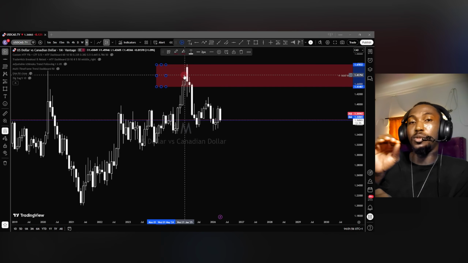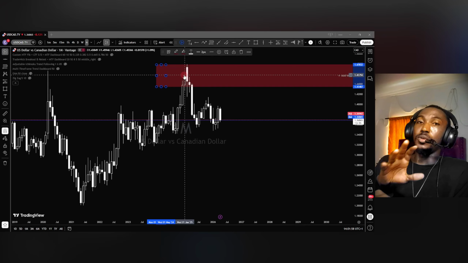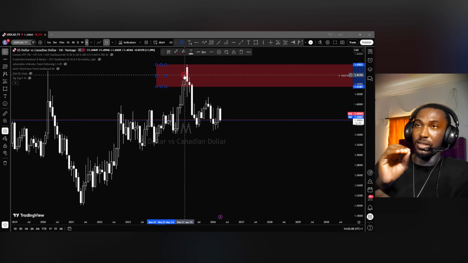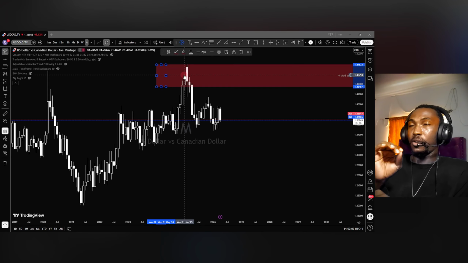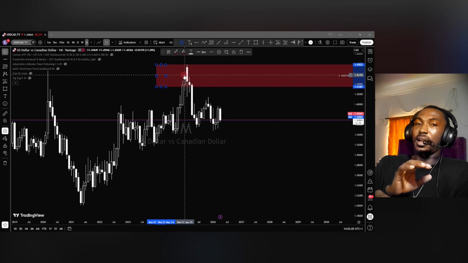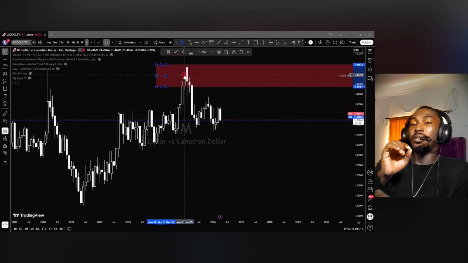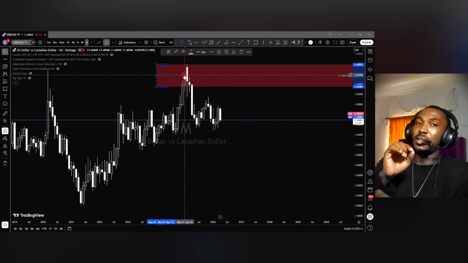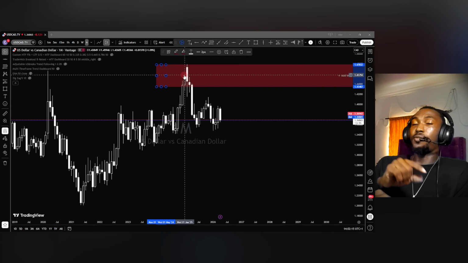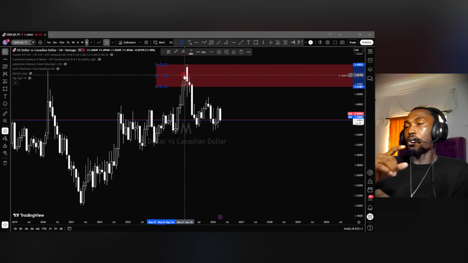The main currency, the US dollar in this case, is not the base because it's the US dollar; it's the currency that appears first, USD. That is the base of this market. And then the quote is CAD, the one that appears next. So the demand for the quote started to supersede the demand for the base, and that is why you see that price starts to go down. Whenever it flips the other way, price starts to go up.